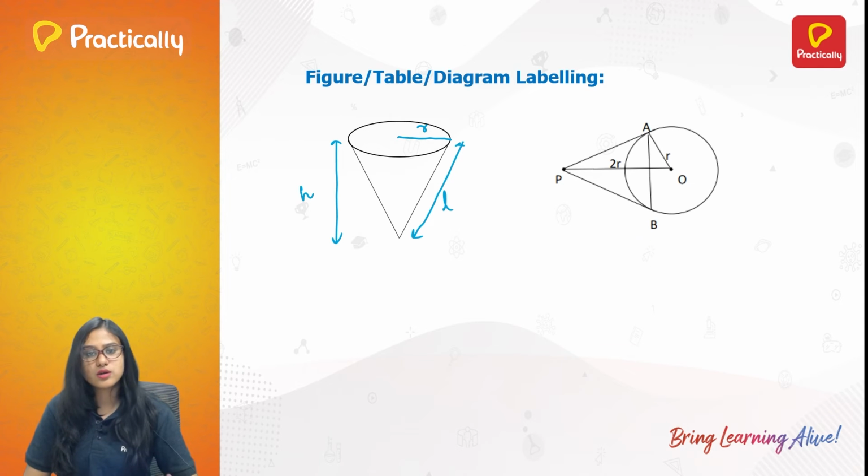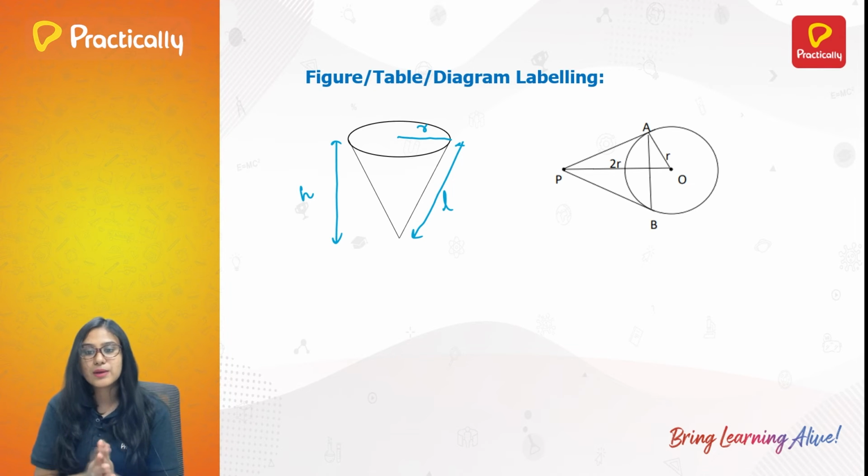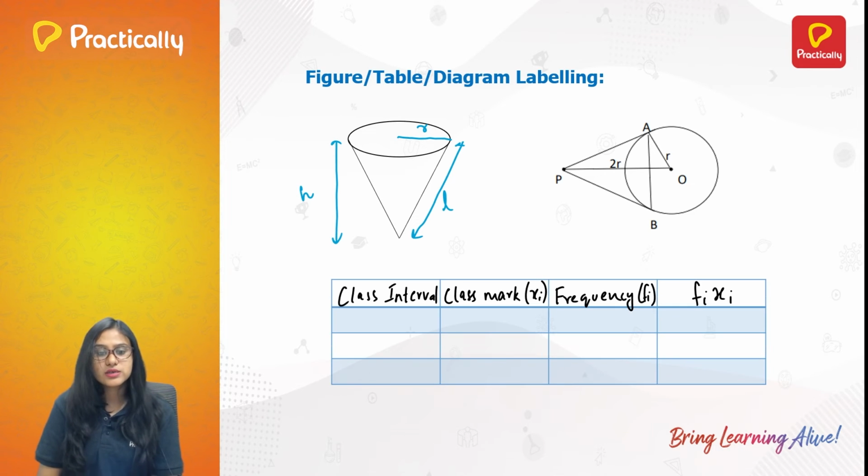Next, even with the circle problems, when you're writing APB here, make sure you are labeling it correctly while doing the solution, because sometimes we get messed up. Instead of PA, we'll write PB. So please cross check again whether you are writing the same thing which is actually given in the diagram or the figure. Okay.